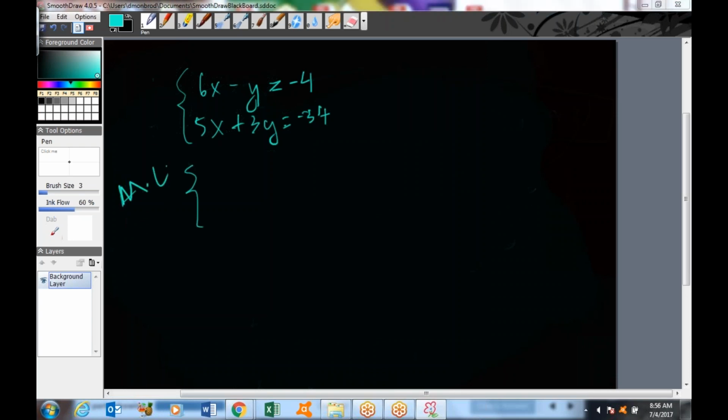Having a little issue here with my tablet. I'm going to get a 12x. I'm not multiplying by 2, by 3, sorry. Multiply it by 3. Let me fix that.